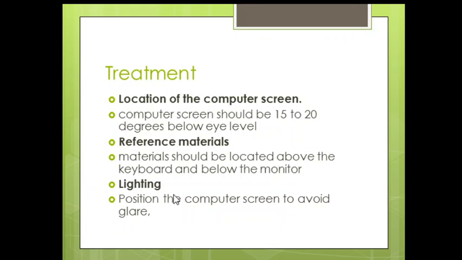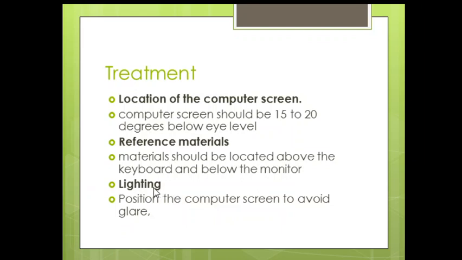Lighting: position the computer screen to avoid the glare. The position of the computer screen has to be in a proper place to avoid glares from the background lights, so that you receive minimum glare from the backgrounds.